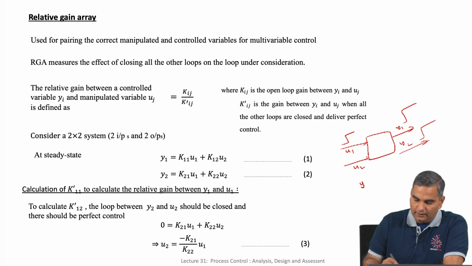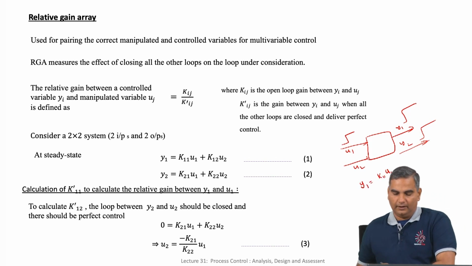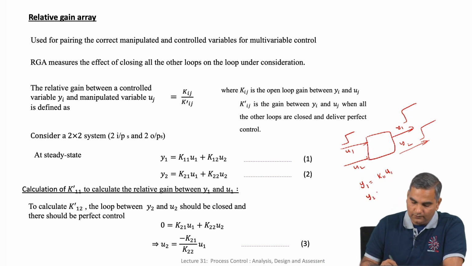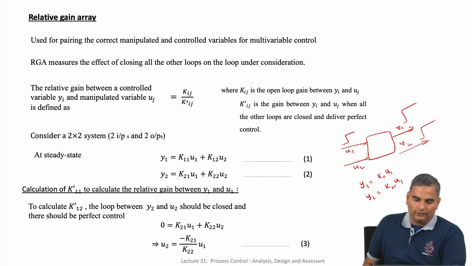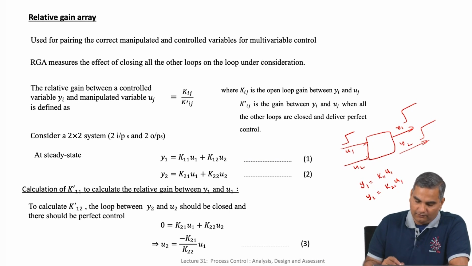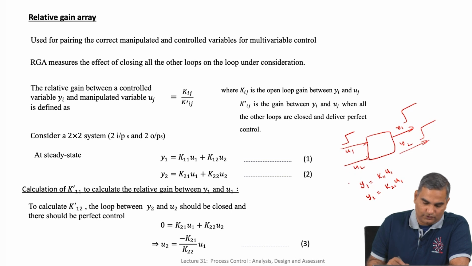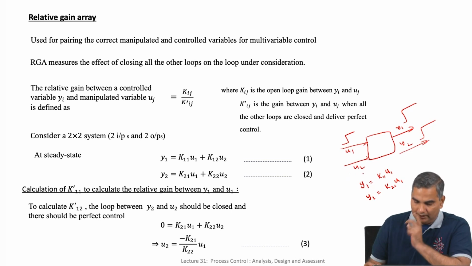So, y1 will be k11 u1, and y2 will be k21 u1. So, what we are saying is, when I just change u1, u2 is still at 0. So, the effect on y1 and y2 can be attributed to u1, and that is characterized by a gain.